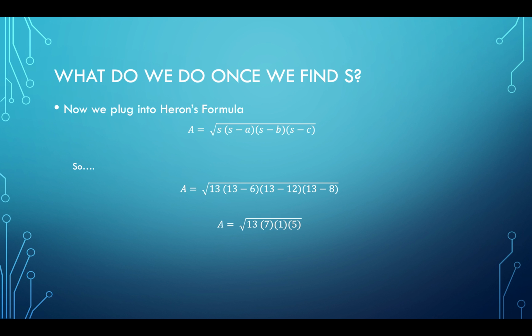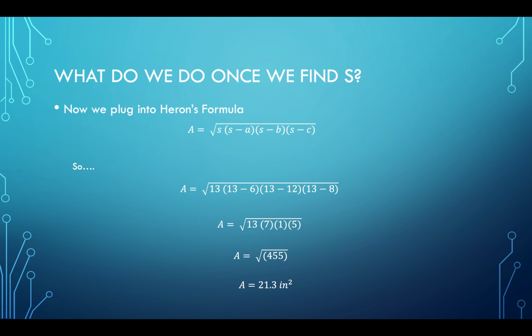Your next step is going to be, I don't necessarily put the square root sign in yet. I do 13 times 7. Then we get that answer, multiply it by 1, and then multiply that answer by 5. And then we should get our area is equal to the square root of 455.